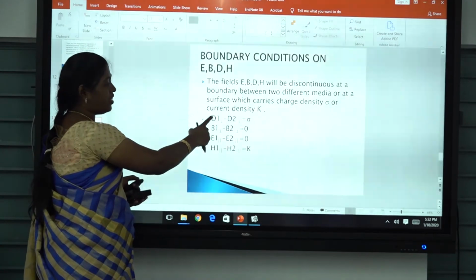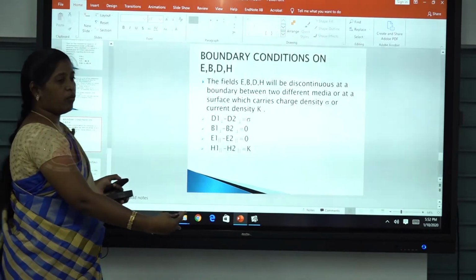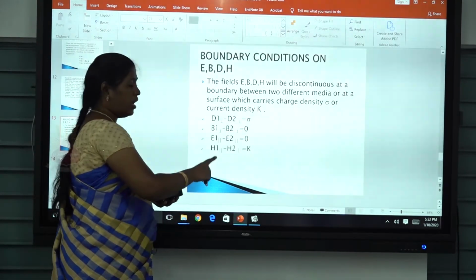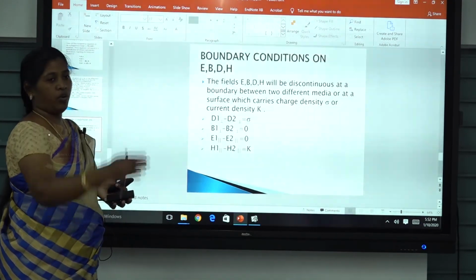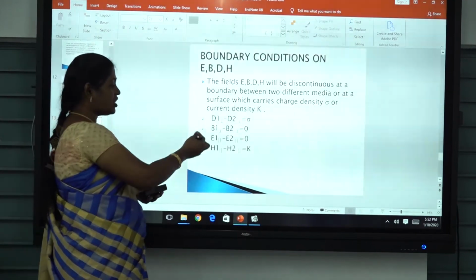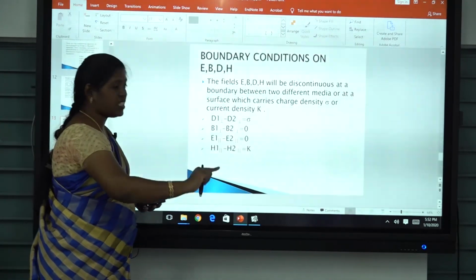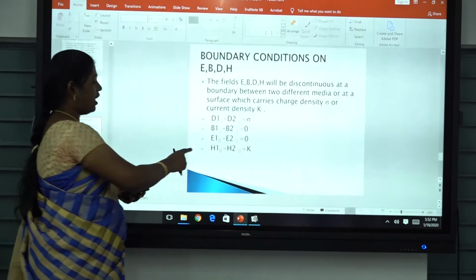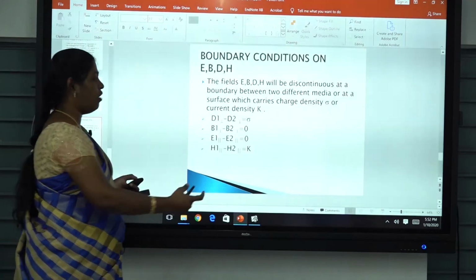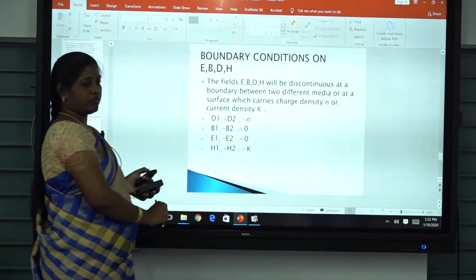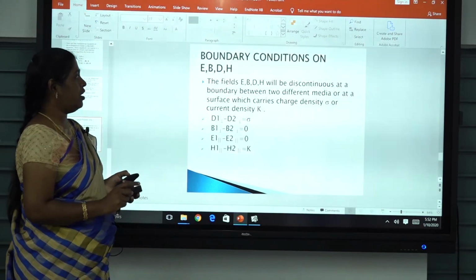The normal component of the magnetic field is continuous at the boundary. The tangential component of the electric field is also continuous at the boundary, but the tangential component of H is discontinuous at the boundary by the amount of K. So these are all the boundary conditions on E, B, D, H.